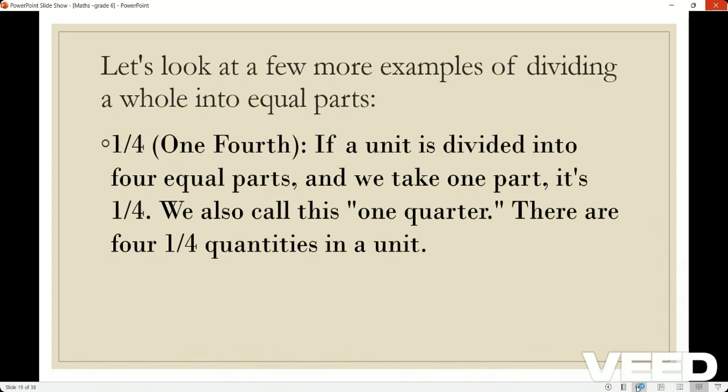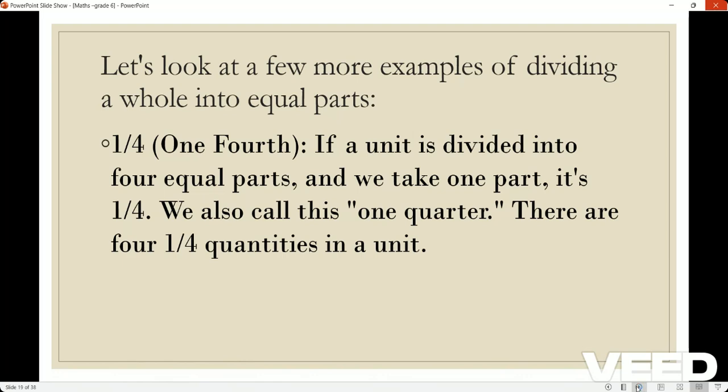Okay, now let's look at a few more examples of dividing a whole into equal parts. So the first one, 1/4. If a unit is divided into four equal parts and we take one part, it's one fourth.